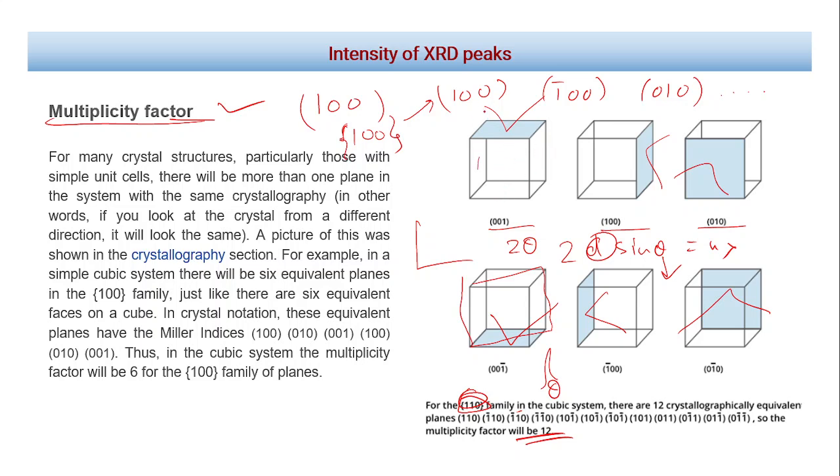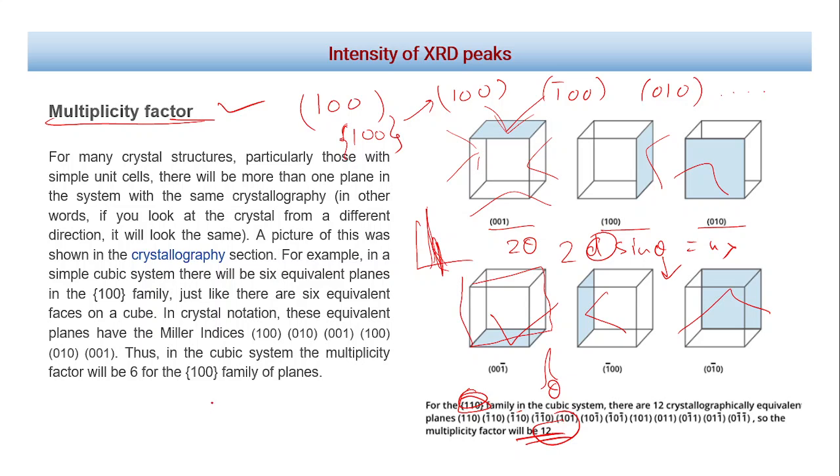So for XRD also, all these planes are the same. Whatever is diffracted from these planes will appear at the same theta value, and we'll get an intense peak at that position. Like I said, the 100 will have 6 times intensity, and the 110 will have 12 times intensity.